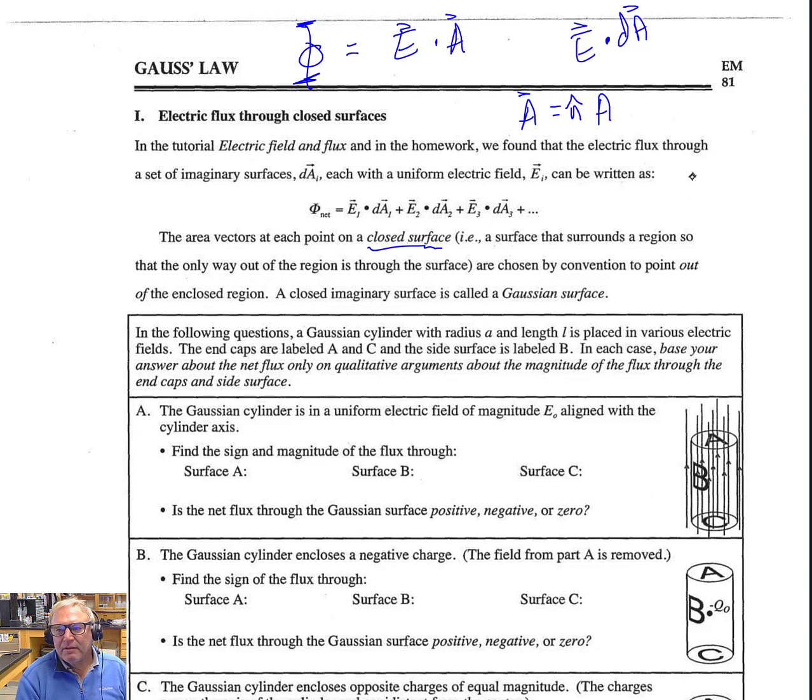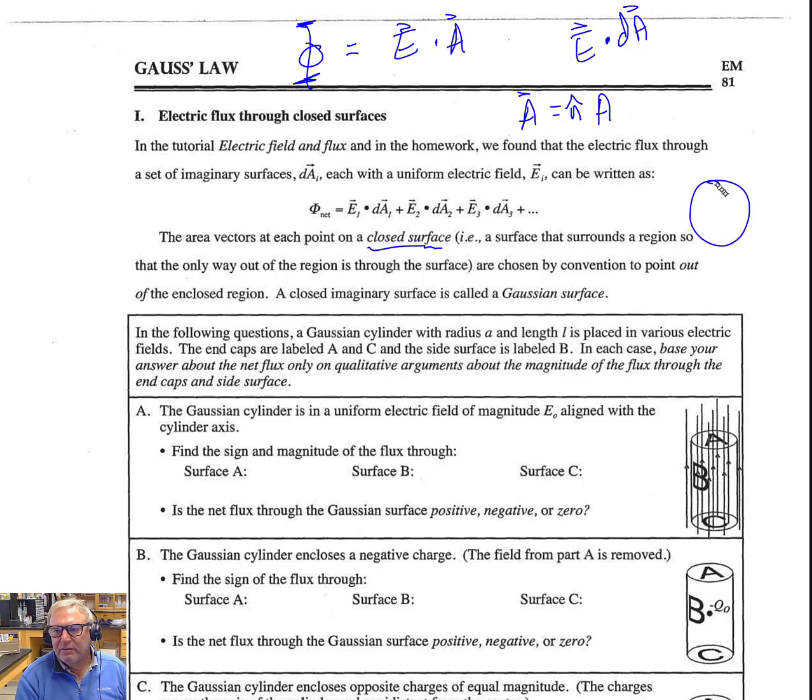So that means that the flux lines point out of an area.